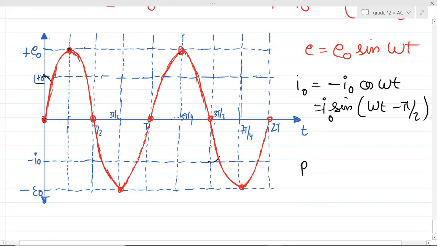Initially the graph was starting from plus I naught, now it will start from minus I naught. It will go up to the maximum, come down, then go up, come down. So from here the graph will go like this, then like this, then like this, and then like this.